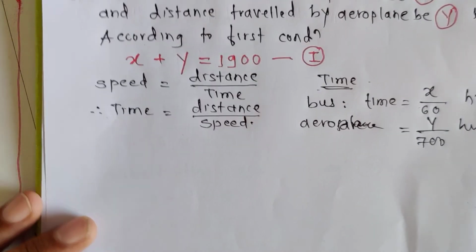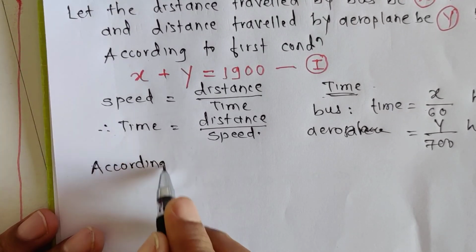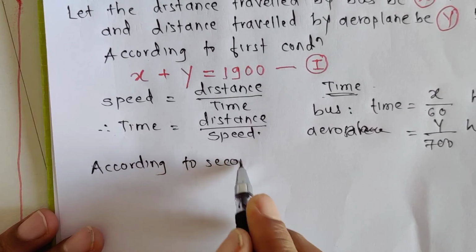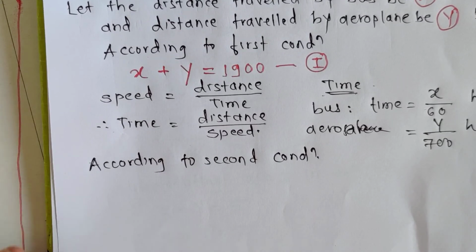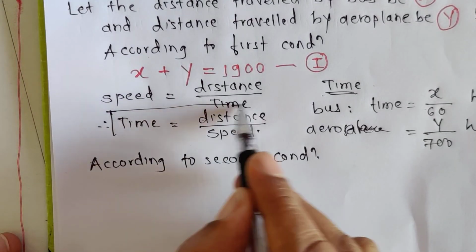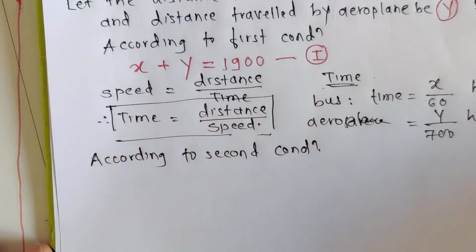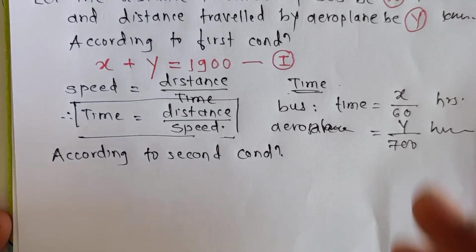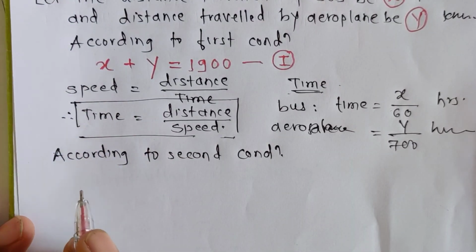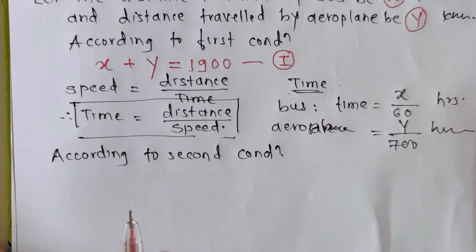So according to the second condition, we have to use this formula here to write the second equation. Time is equal to distance divided by speed. So the total time taken for this journey is equal to 5 hours. So the time taken by bus plus the time taken by aeroplane is equal to 5 hours.